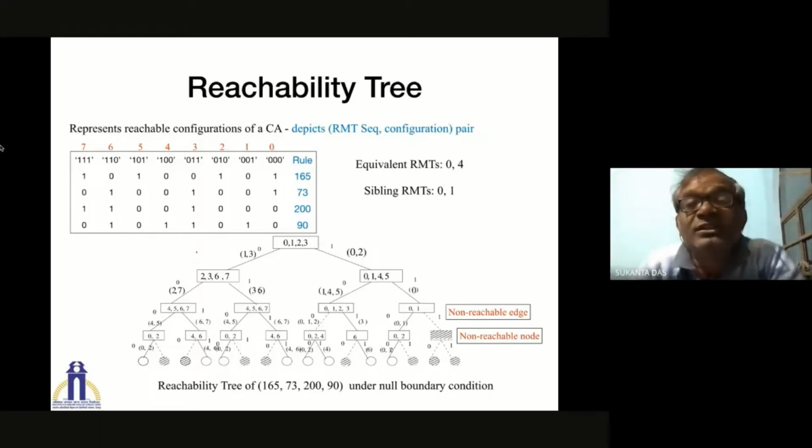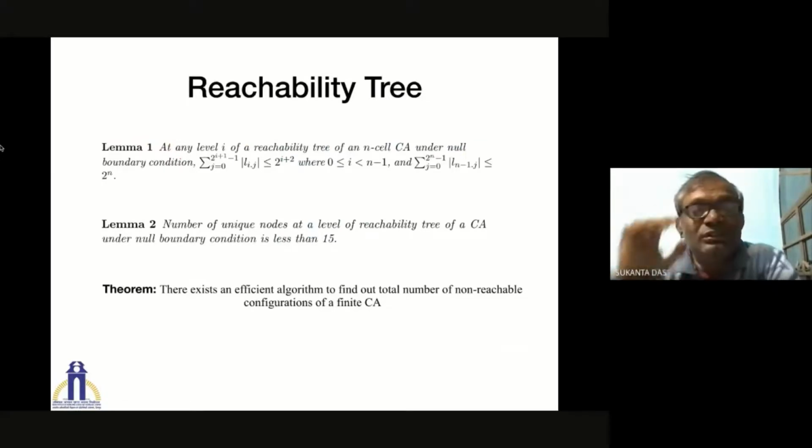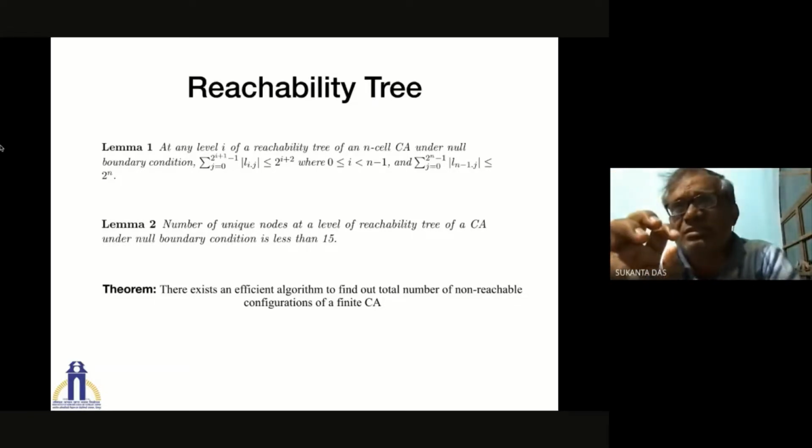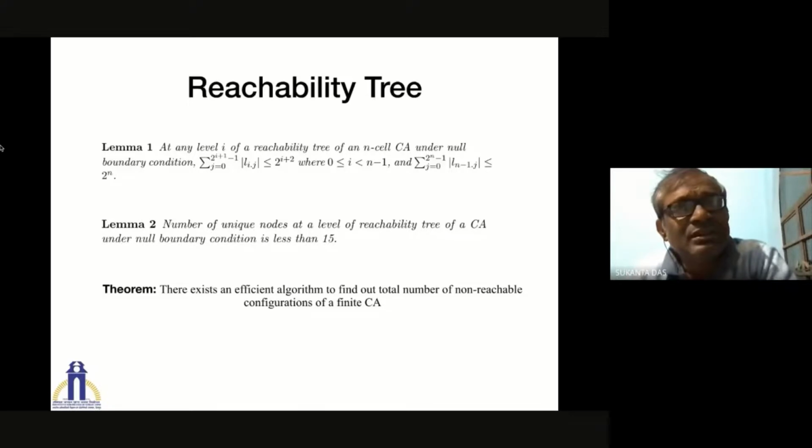Now, a few important results. What can we get from the tree? It's a tree-like data structure. What information does it give? It tells you which configurations are reachable and which are not.